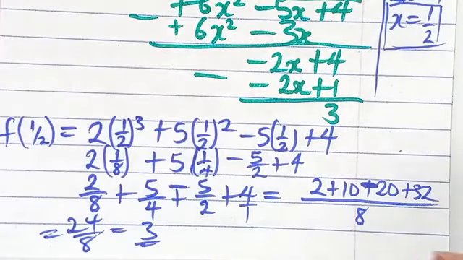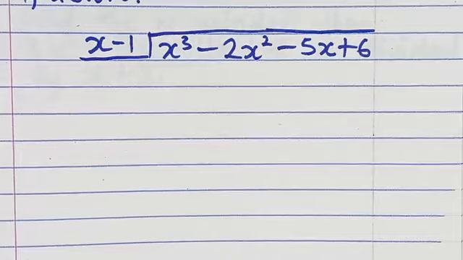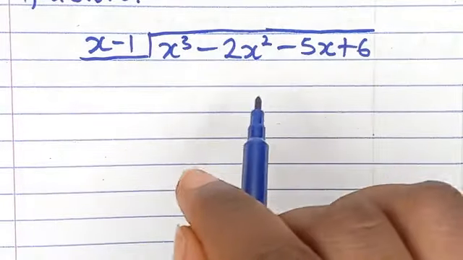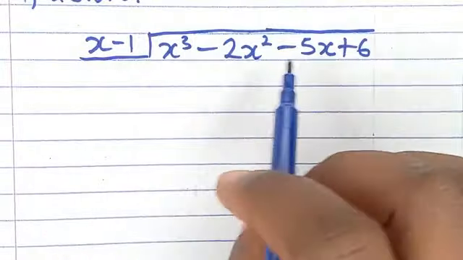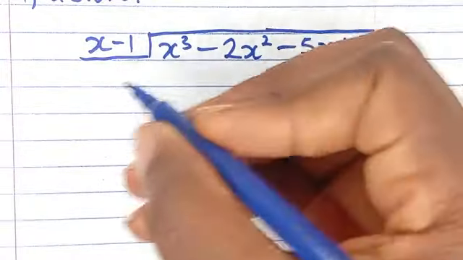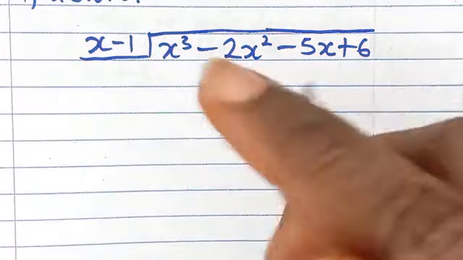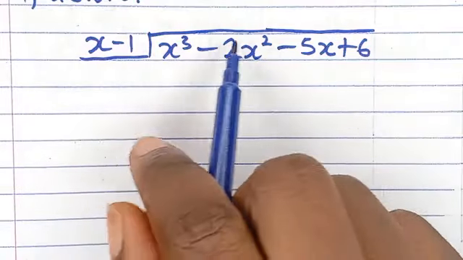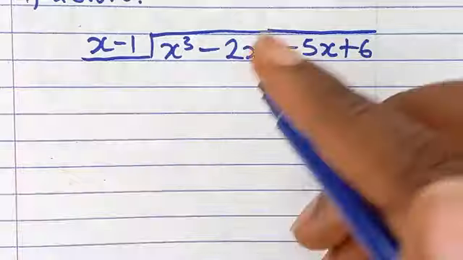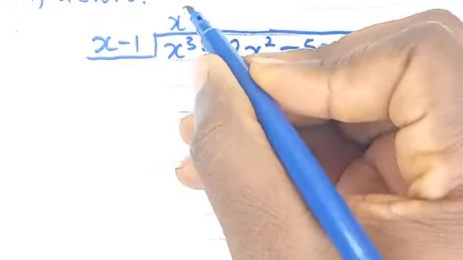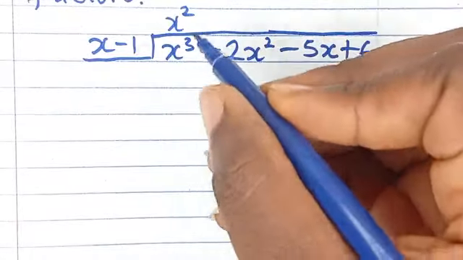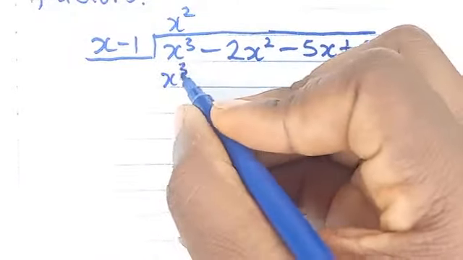So we've come to establish something. But before we go into conclusion, let's have this division so that we can conclude the remainder and factor theorem together. We have that x minus 1 divided into this polynomial function. We have x squared remaining here. X into x raised to power 3 is x squared. X squared times x is x raised to power 3.